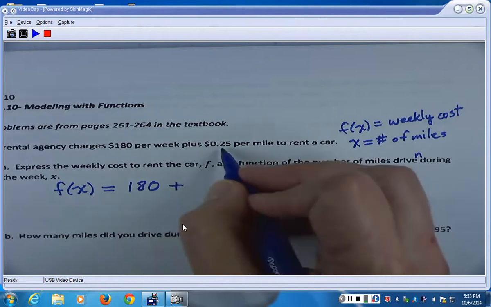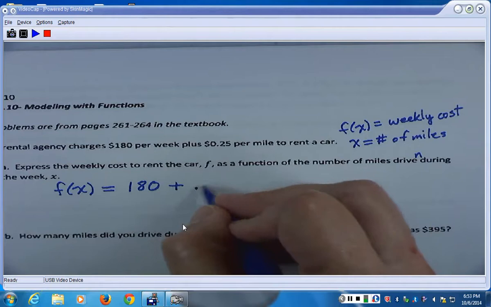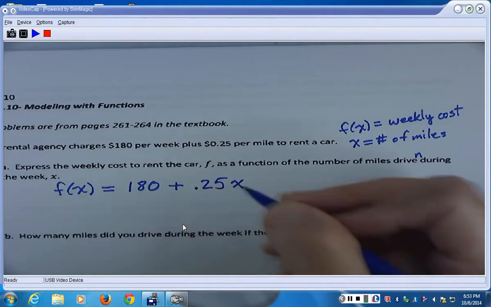plus, if it's 25 cents a mile, how much would it cost, say, to go 10 miles? It would cost $2.50. What did you do? Did you add or multiply or divide? How did you find that? Or maybe you just multiply it. So it's 0.25 times X. That's the cost.